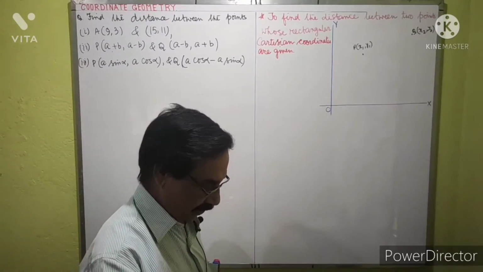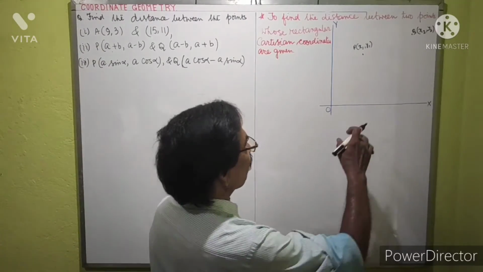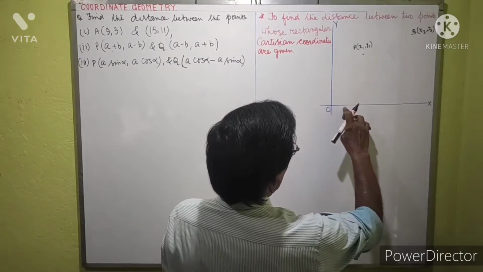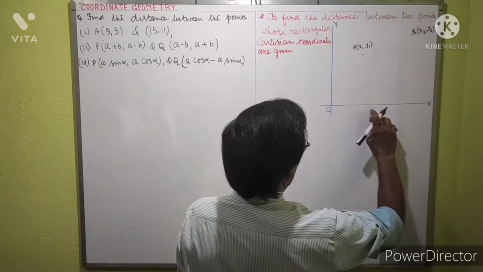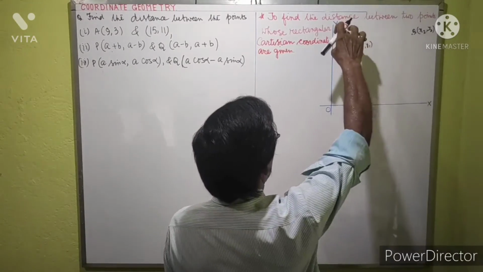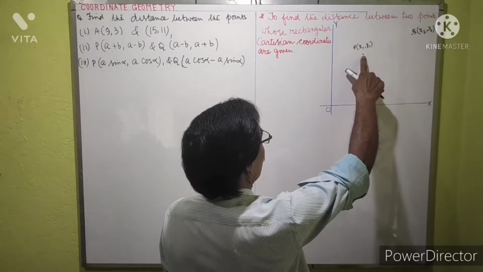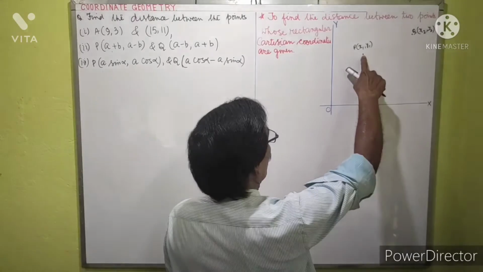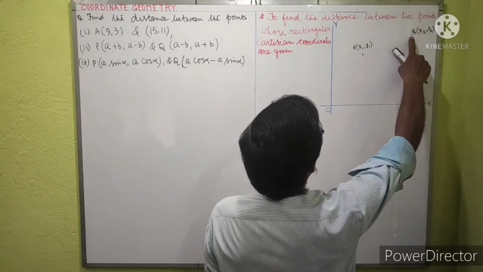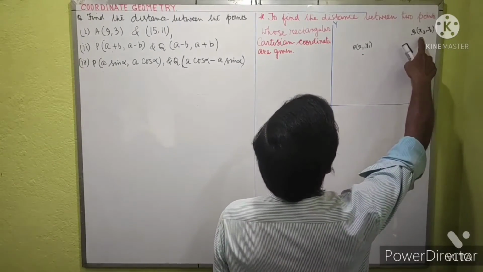The 2 points are like this. This is a Cartesian plane, this is x-axis and this is y-axis. 2 points, one is P x1 y1 and the other Q x2 y2.